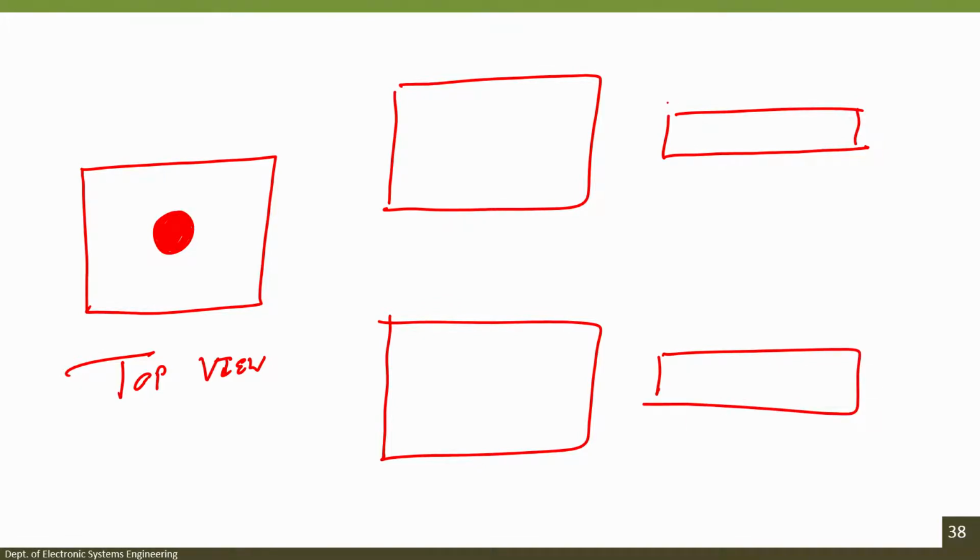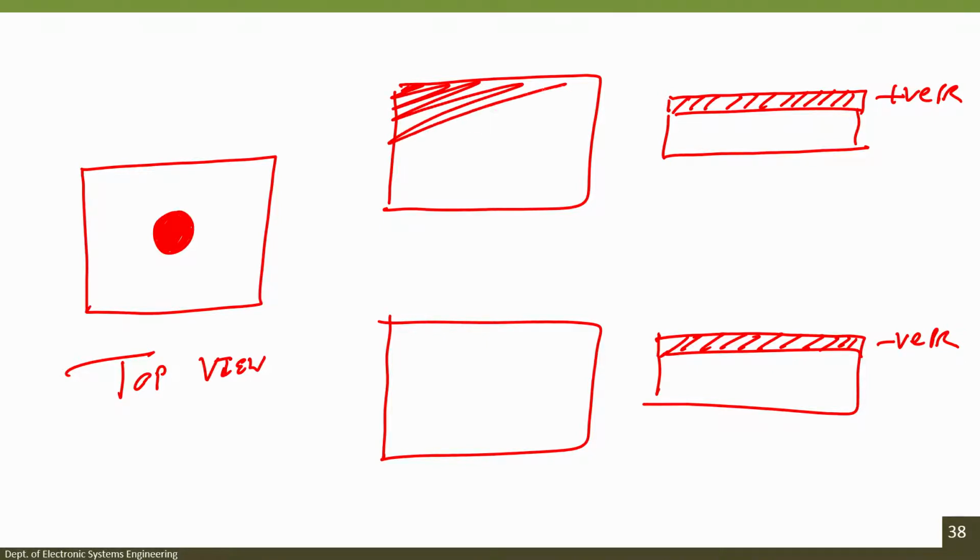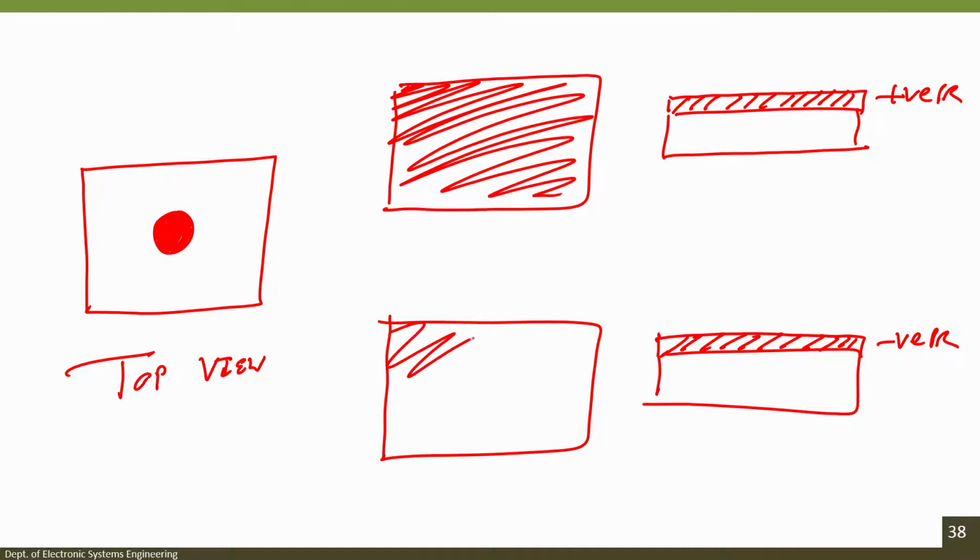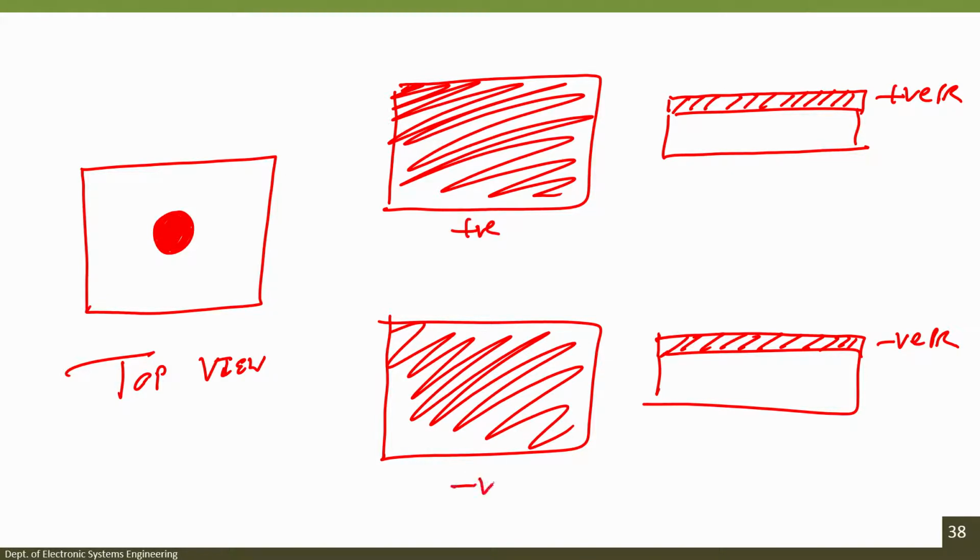So, this is my positive photoresist, this is negative photoresist. So I have positive photoresist everywhere here, and negative photoresist everywhere here.